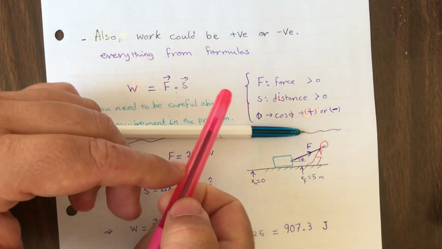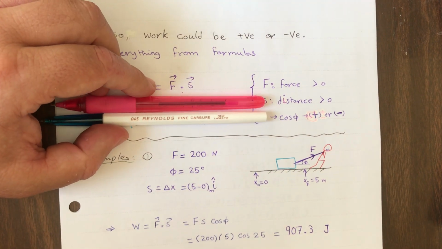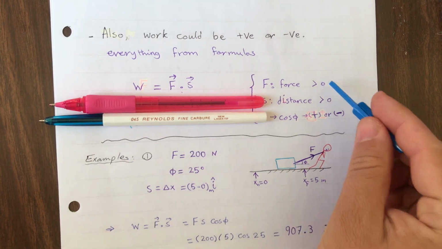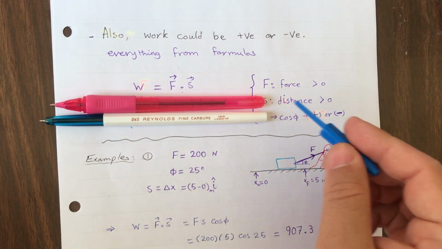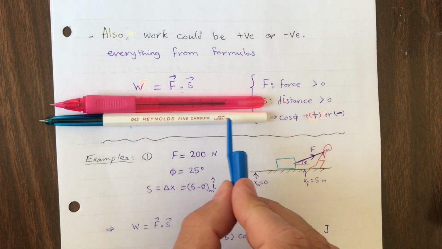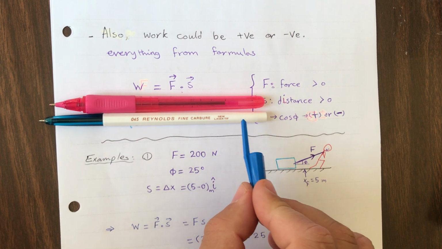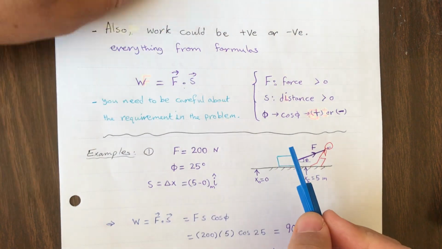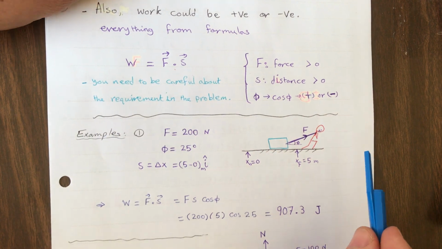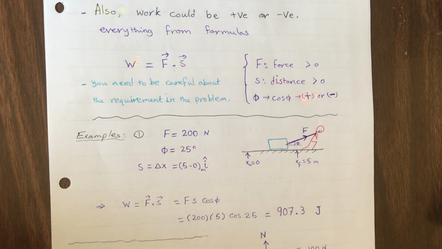If the force is to the left and the displacement is to the left, then both of them are negative. We can't say that the work is negative because the angle between them now is positive. The sign of the work depends on the angle between the force and the displacement.